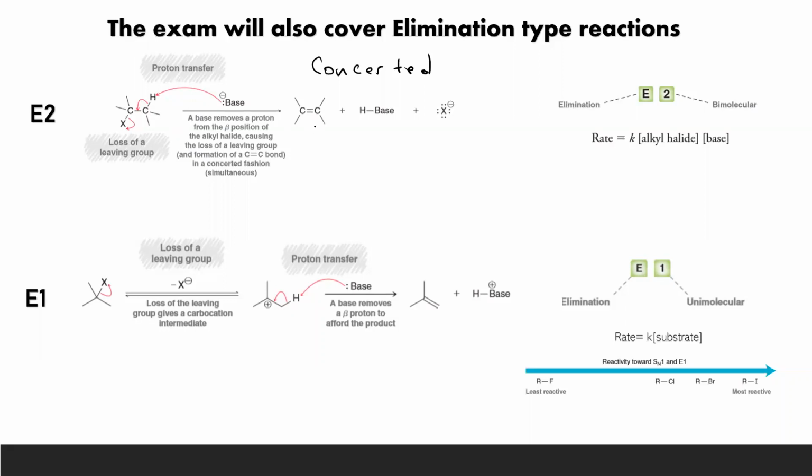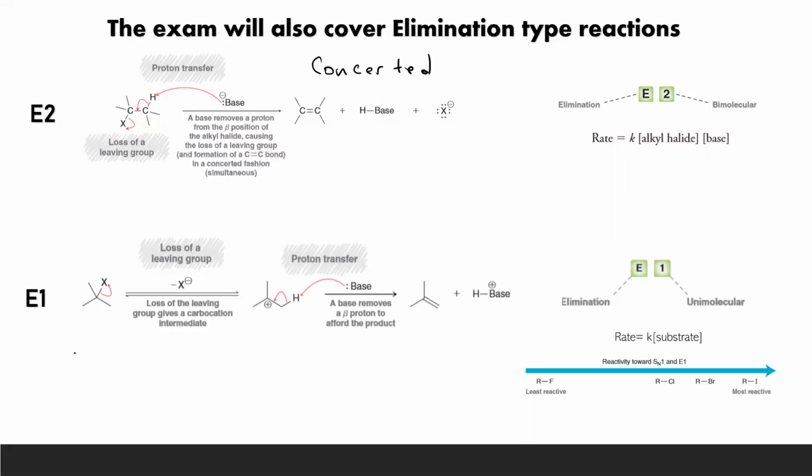This is going to be synthetically very useful when you go into chapter 8, or addition reactions of alkenes. When you want to generate an alkene, you'll do a radical bromination followed by an elimination, typically an E2 elimination, leaving you with your alkene product that you could then undergo different addition of alkene reactions.